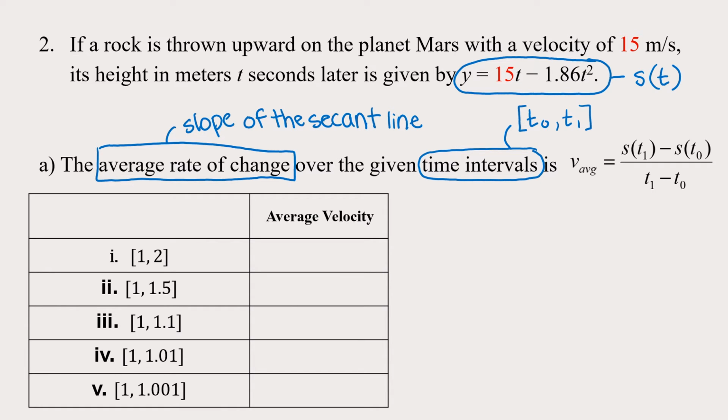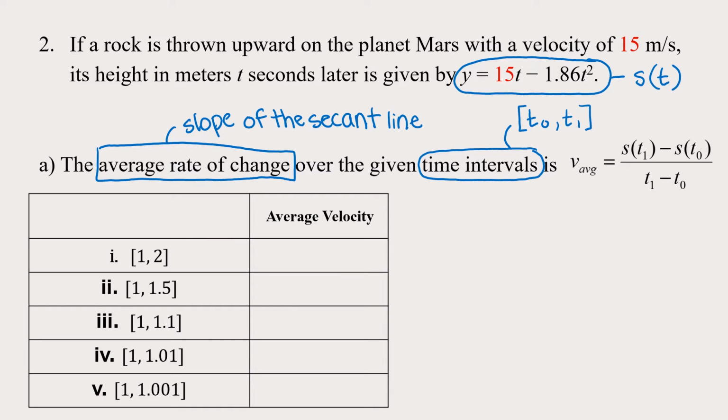And you'll notice that both of these values here, this t naught and this t1, are both inputs. They're both times. So this is not an ordered pair. It's not an x comma y, it's more of an x comma x. So we're just talking about over what interval of time are we interested in this function.